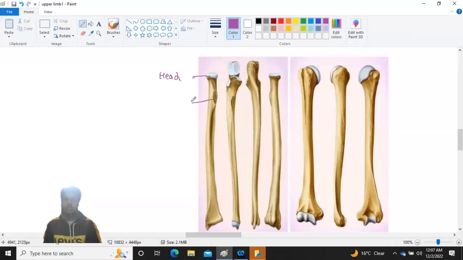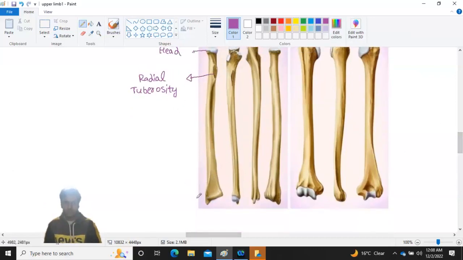Here, this is the radial tuberosity. This is from the anterior side of the radius bone. Then now this is the styloid process. Done.